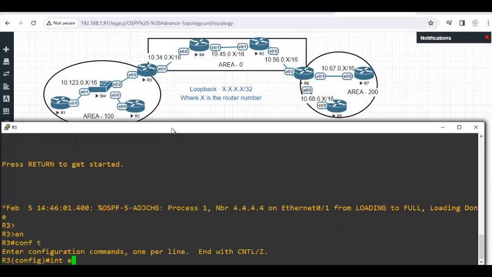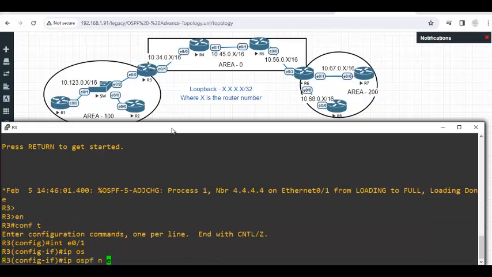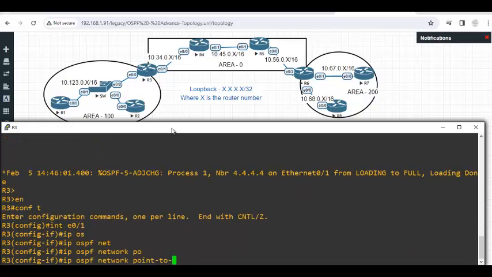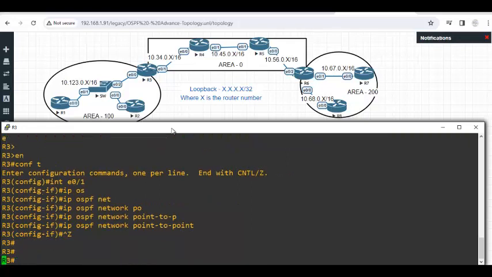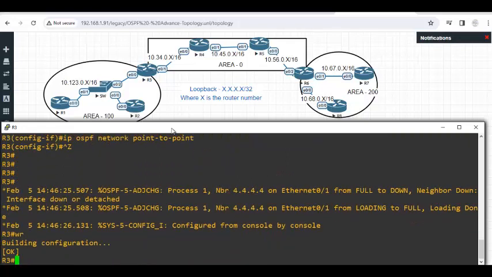Now, we have not configured point-to-point on Ethernet 0/0 of router 3, because there is a need for a DR/BDR election. We do not want to disturb that. Fine. Ethernet 0/0 is not point-to-point.